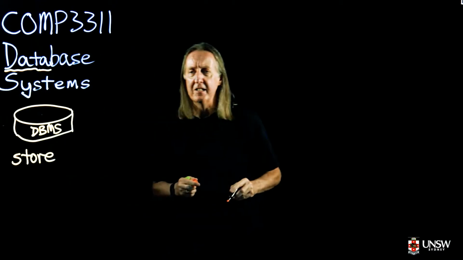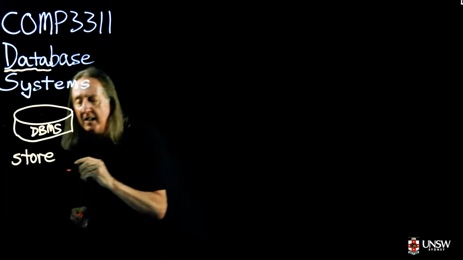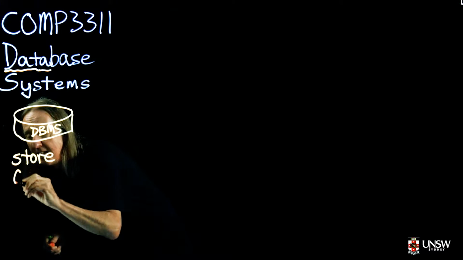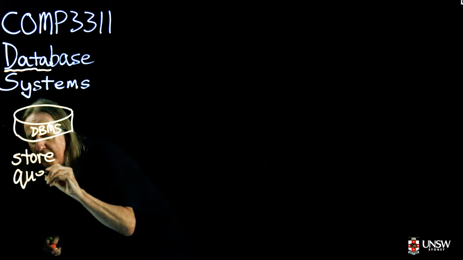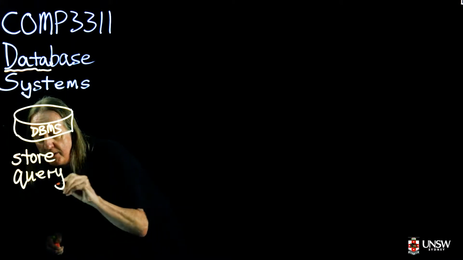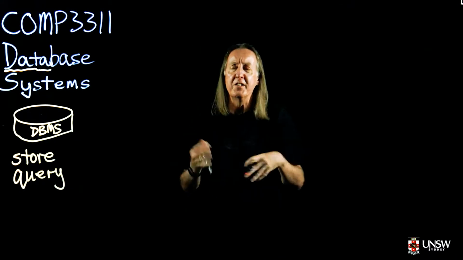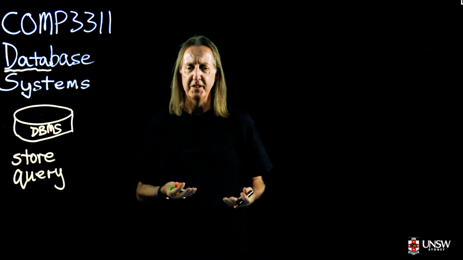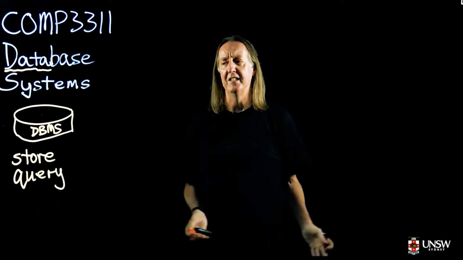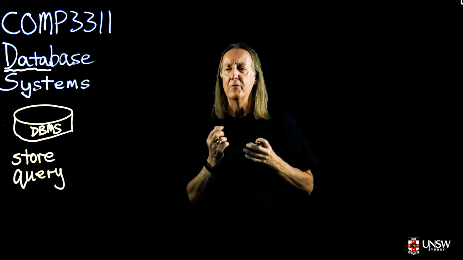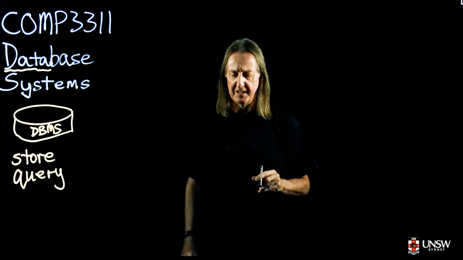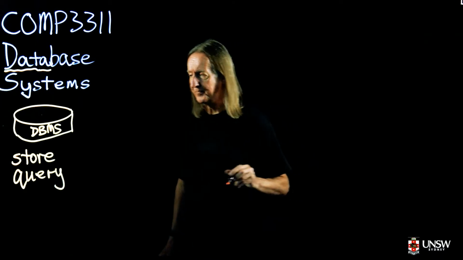So there's some mechanism for storing data, and a mechanism for asking questions on the data. Once we've got a whole lot of data stored on the disk, we can't just look at it in total, so we need ways of extracting the data that's interesting to us.